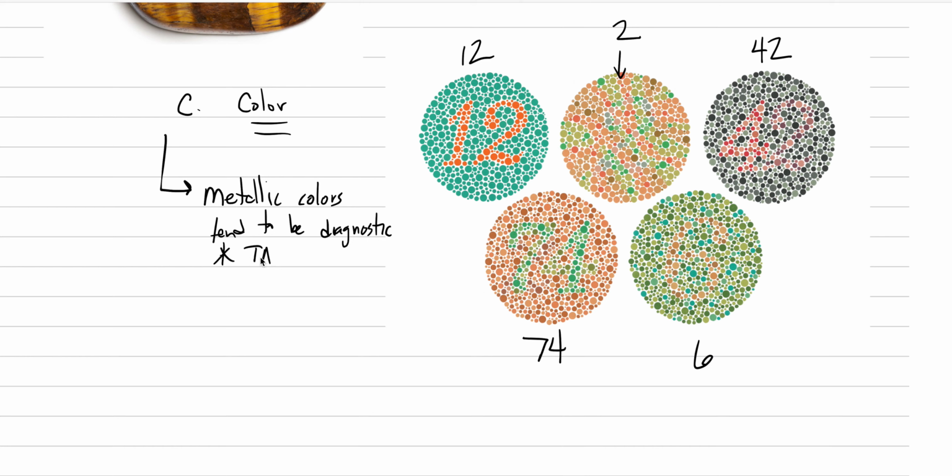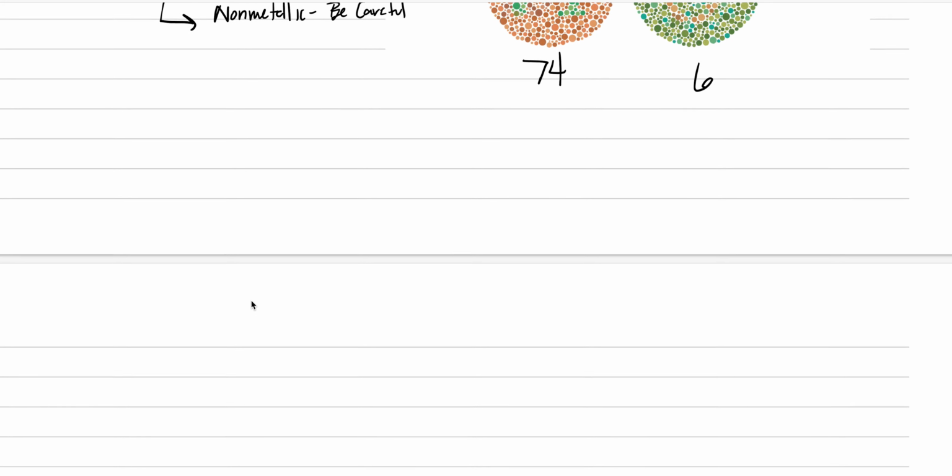Tarnish can occur on the surface of a metallic mineral and change its color. And then for non-metallic, well, it can be diagnostic, but it might not. So you just have to be careful. Something like quartz can occur in every color of the rainbow, but something like sulfur is a diagnostic yellow color. So it's just something you have to learn as you go through those minerals.